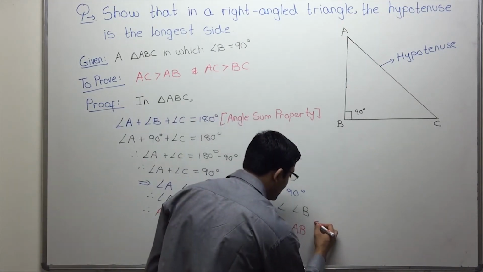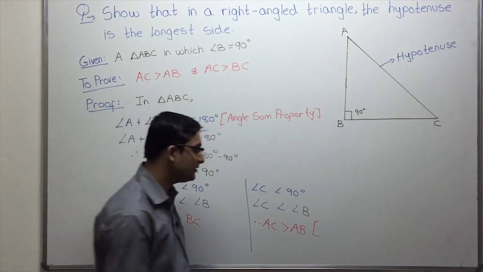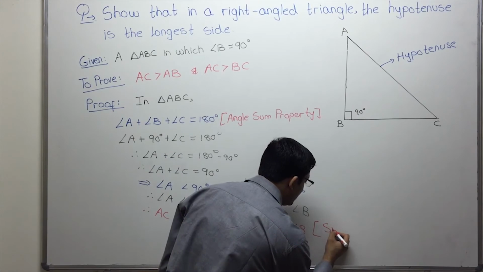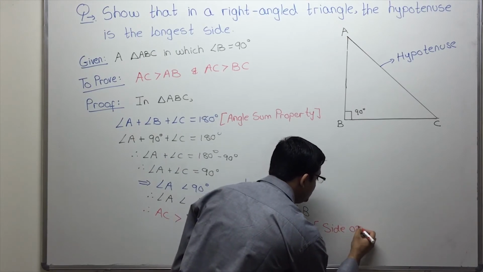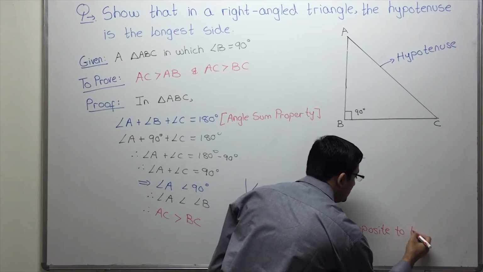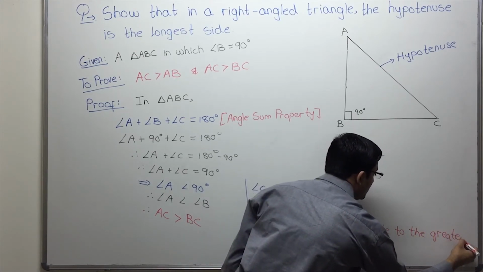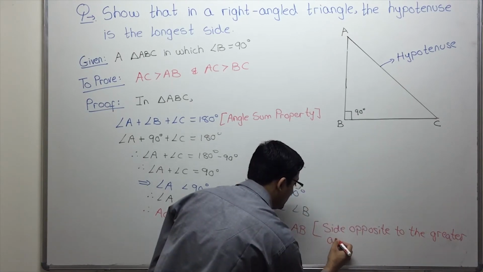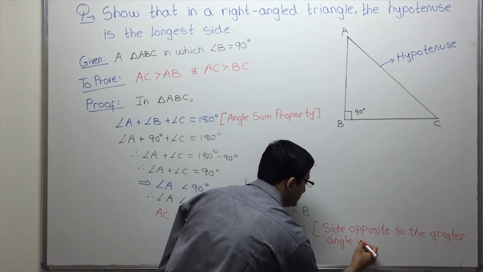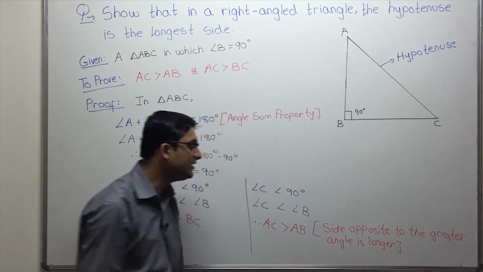What is the reason over here? In a triangle, side opposite to the greater angle is longer. So you can just write over here: side opposite to the greater angle is longer.